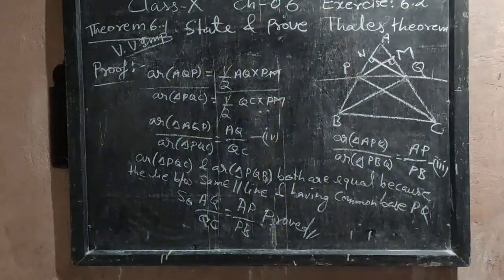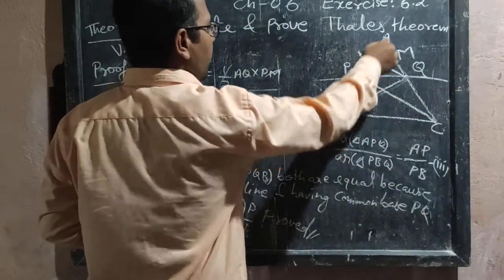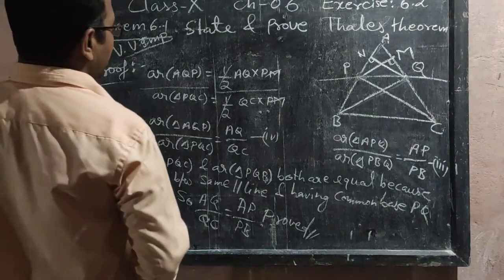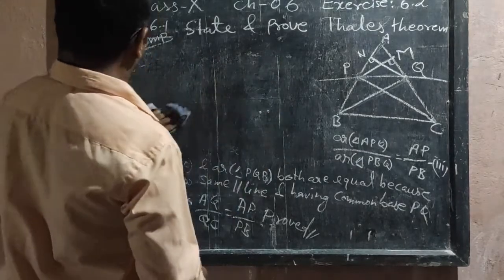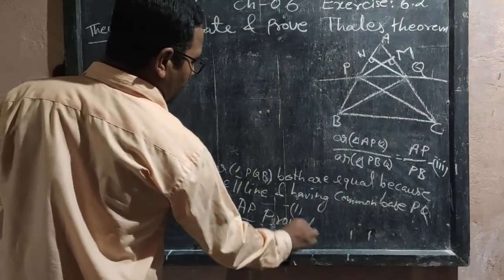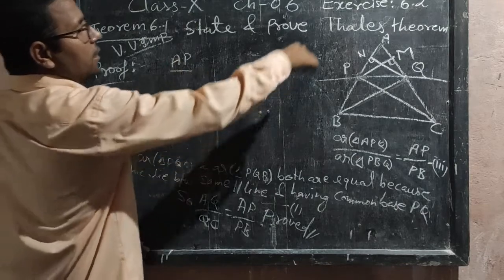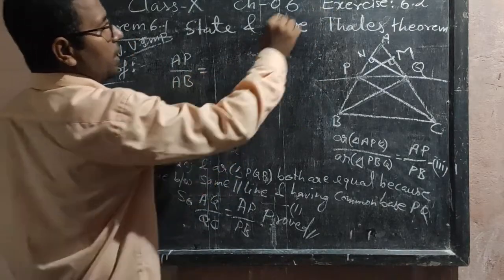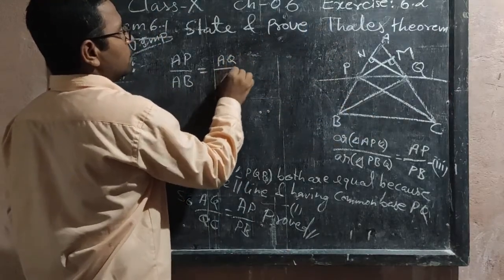Some conclusions are also here. This can be written as AP upon AB also. Take care of these things. This is the first equation which we have proved here. Next we can write AP upon AB is equal to AQ upon AC also.